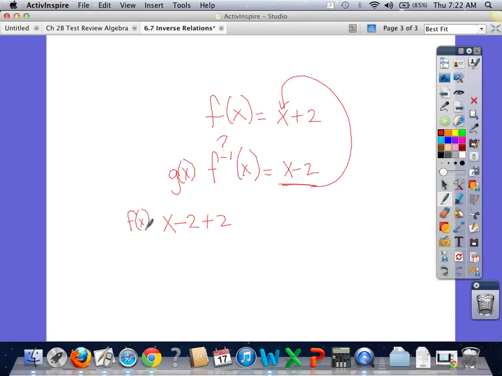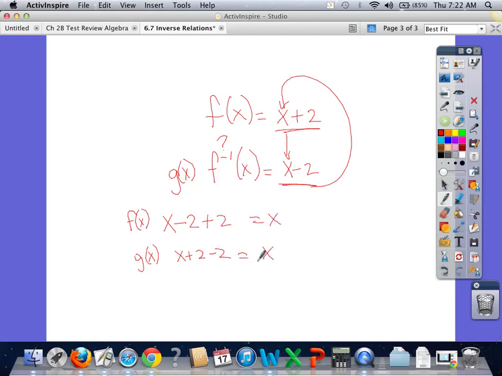Then we're going to do the opposite. We're going to take this one and put it there. So that one's going to be x plus 2 minus 2. When you solve these problems, you're going to see negative 2 plus 2, well, that just leaves x. 2 minus 2 just leaves x.